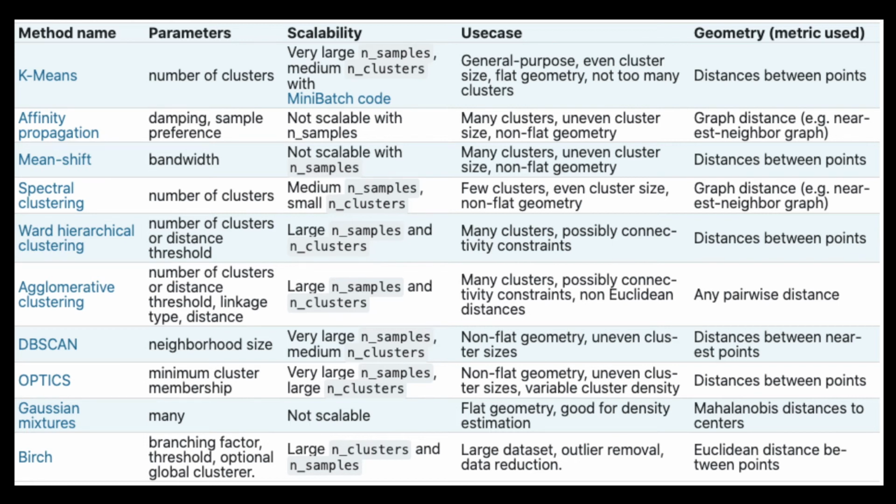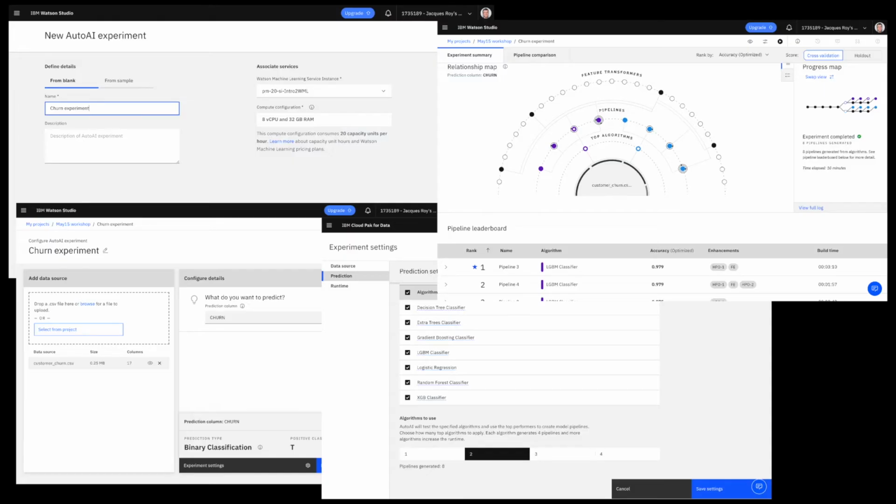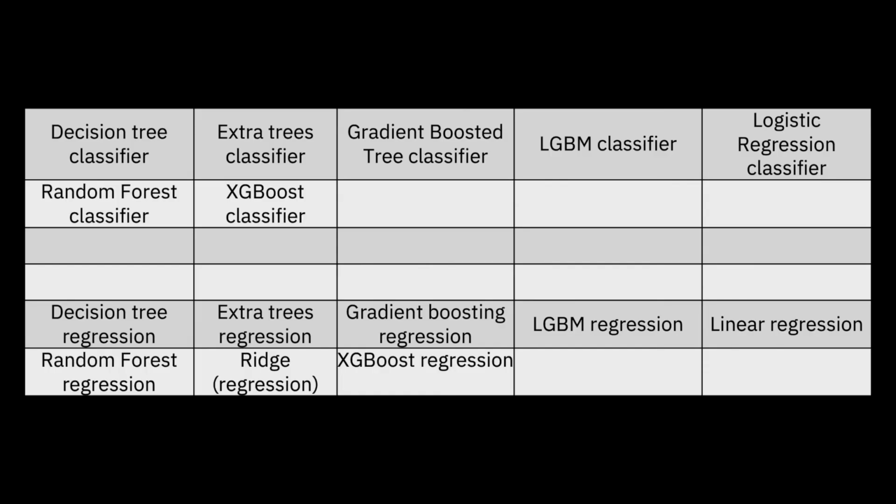Another approach is to use tools to help choose the algorithm. Here are two examples. The first one is IBM Watson Studio AutoAI. It figures out the type of algorithm needed for supervised learning and allows you to set how many algorithms should be tried. The end result is that you end up with multiple models and their evaluations, which allows you to select the best one.